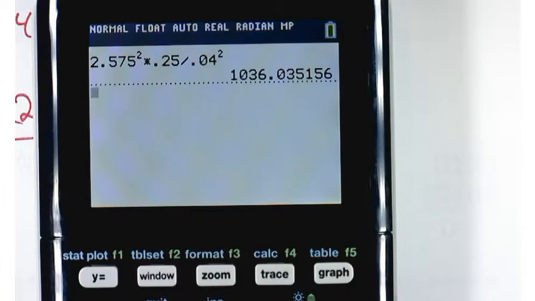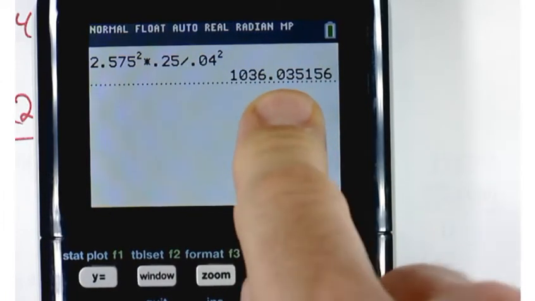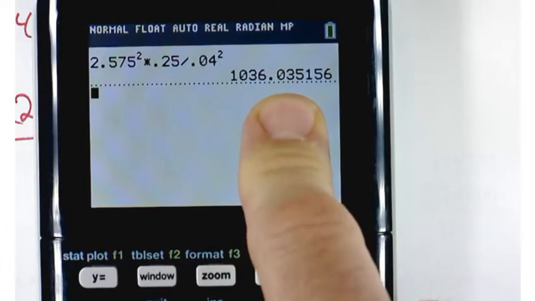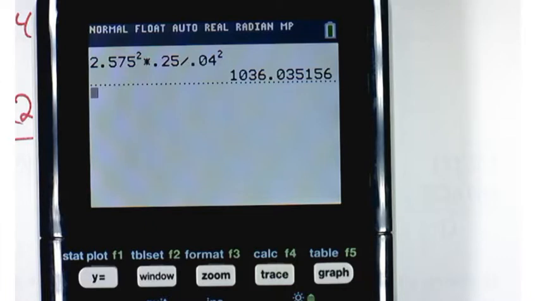Now there's something peculiar that I'm going to ask you to do. It's only worth 1 point, but I am going to ask you to do it. In being conservative, since this didn't land on an exact integer, and you can't poll 1,036.035 people, round up.